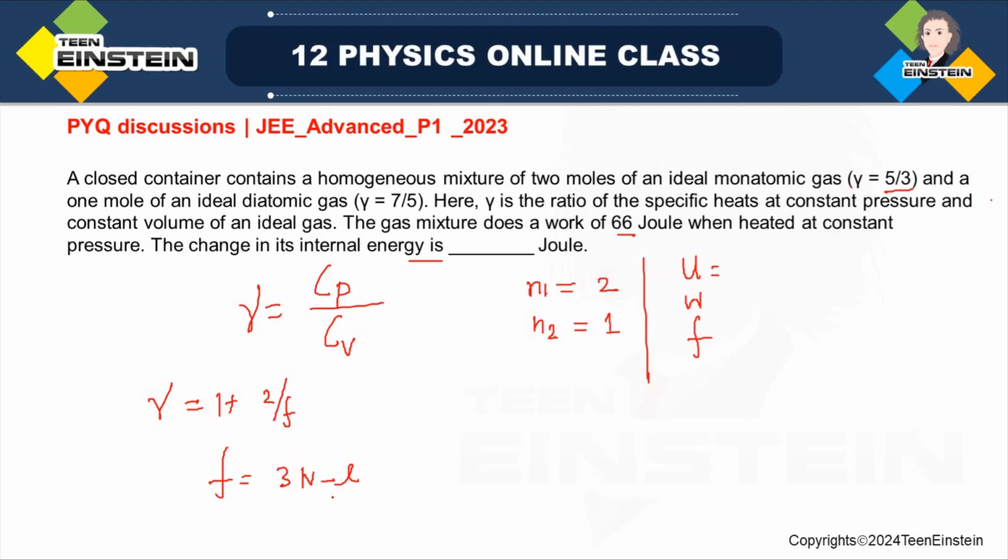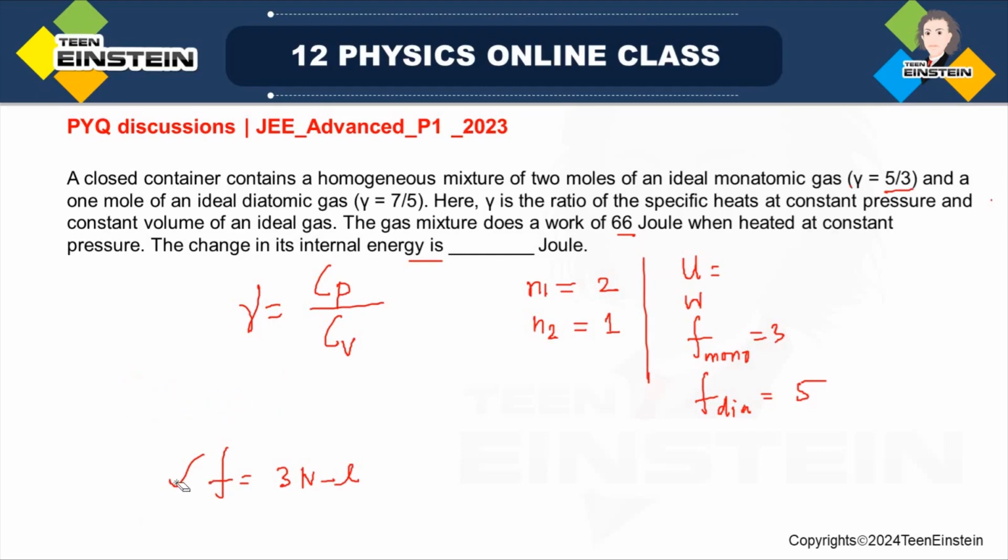From that formula also you can find it out. Since you are going to write JEE Advanced, for monatomic gas it is 3, and for diatomic gas it is going to be 5. You can use this formula to find out degrees of freedom.